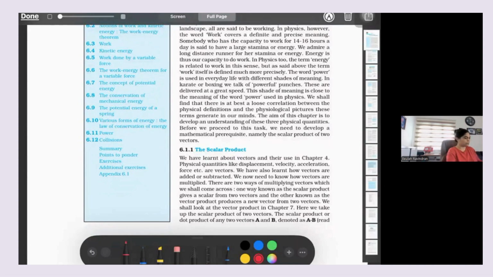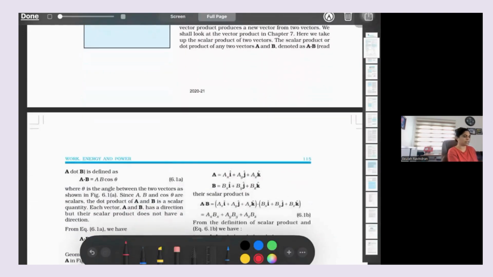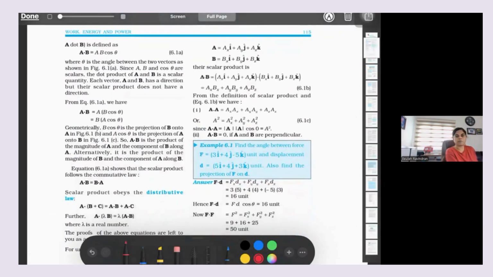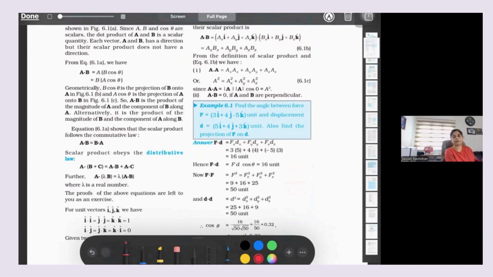Before getting into that, we must know about the scalar product. I've explained about vectors and how vectors are resolved, how they are characterized in 1D, 2D, and 3D, how we can add vectors, and how we can multiply vectors.